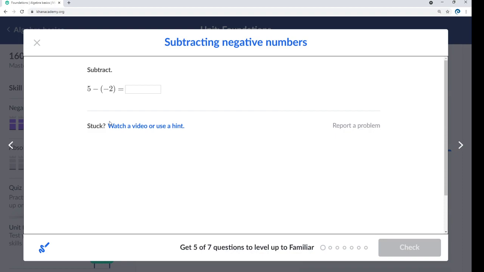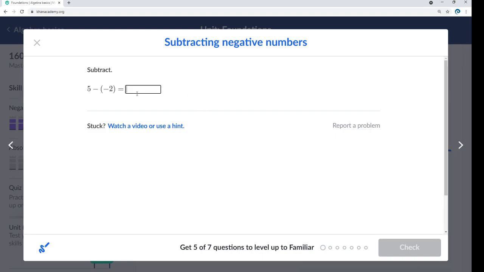What? If you subtract, I'm pretty sure you just add at this point. Like when you subtract a negative number, you're just adding. I think. Oh God, please don't get this wrong. It's 7. I'm pretty sure it's 7.